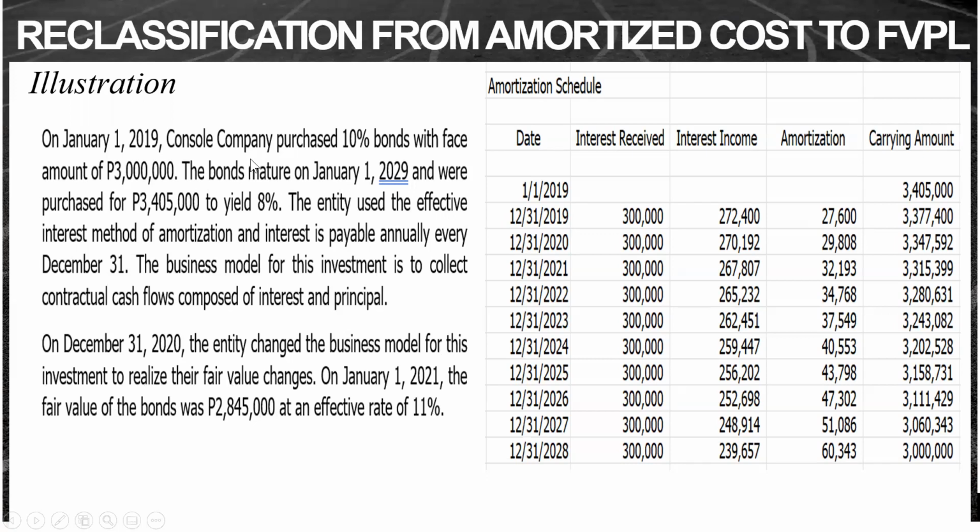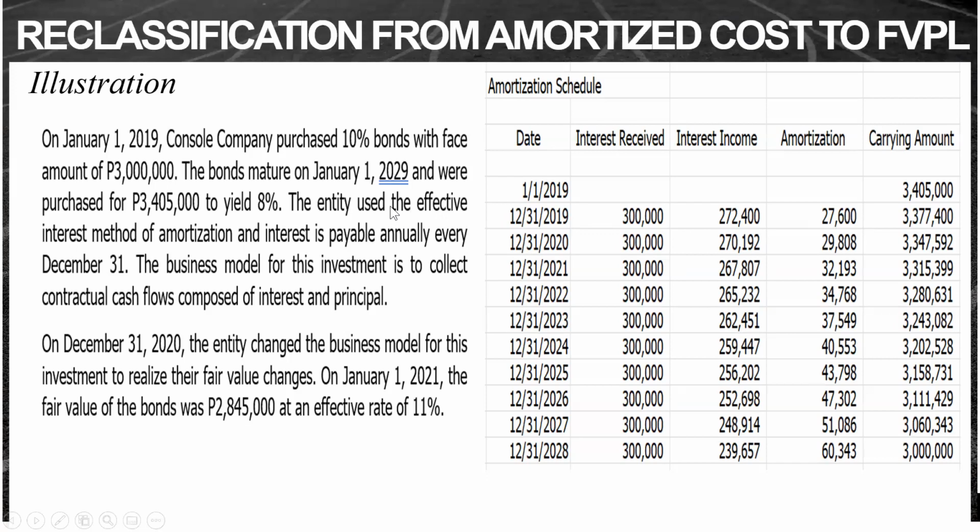Okay? So, I have here the amortization schedule. So since this is financial assets at amortized cost, of course, gawa ka ng amortization schedule, since initially it was classified as financial asset at amortized cost. So start tayo with January 1, 2019. So that's 3,405,000.